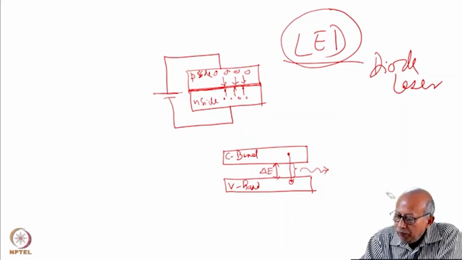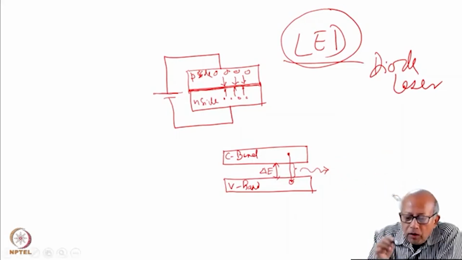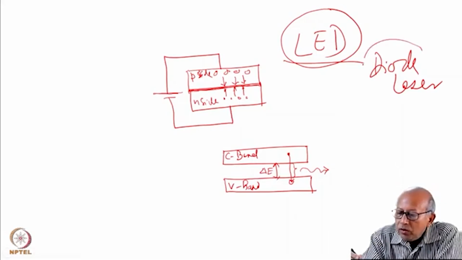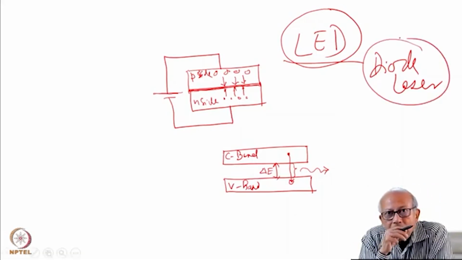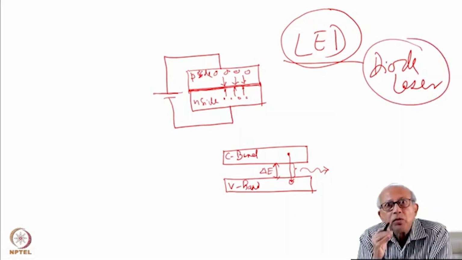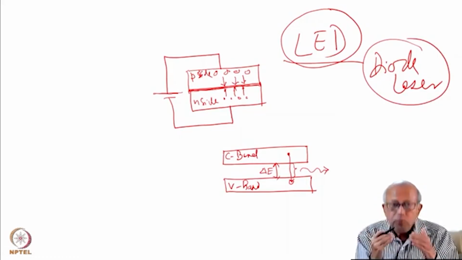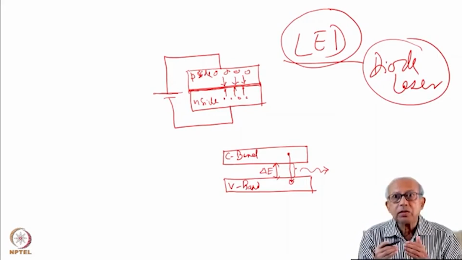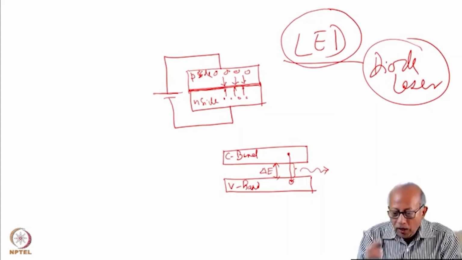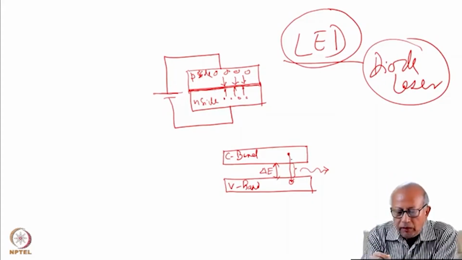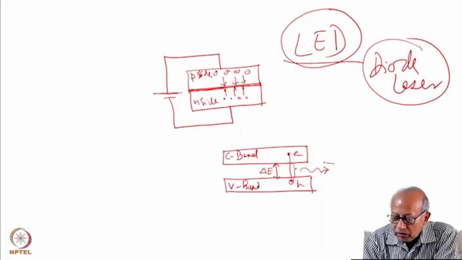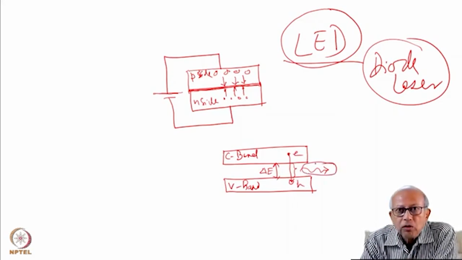Now, if we have to convert this LED into a diode laser, that means first we have to create population inversion. For this, there are two processes in action here. One is, of course, this recombination of the electrons and holes, which results in the creation of a photon.